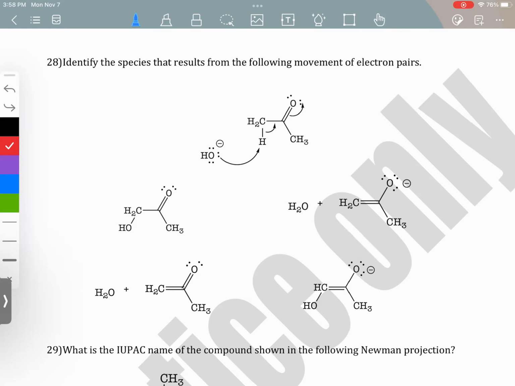Okay, so that lone pair on the oxygen gets the hydrogen, snatches the hydrogen.